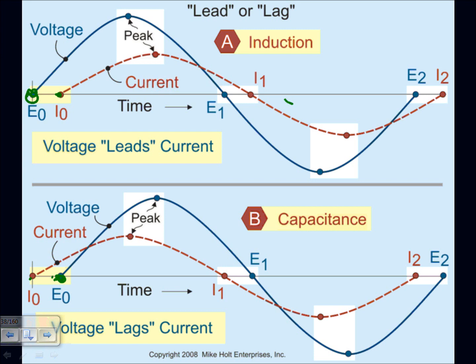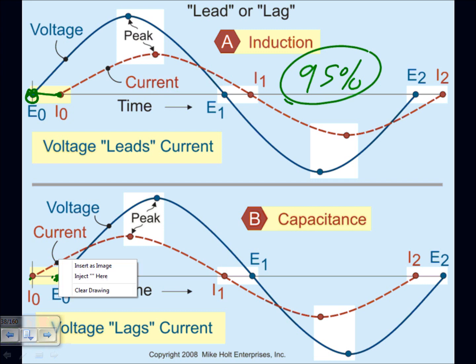Here's the voltage, here's where the current starts. 95%, you're right in here, where the current lags the voltage. In the other case, the current leads the voltage. So 95%, you're going to be right here.